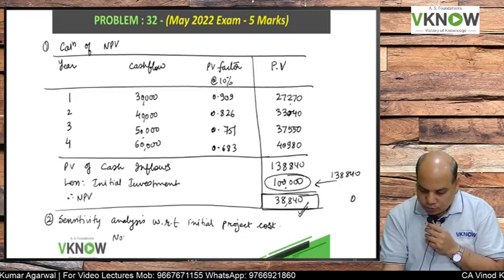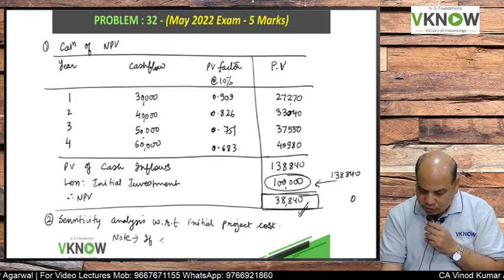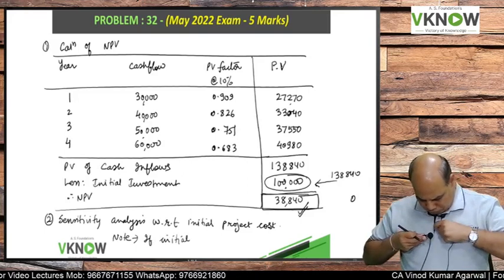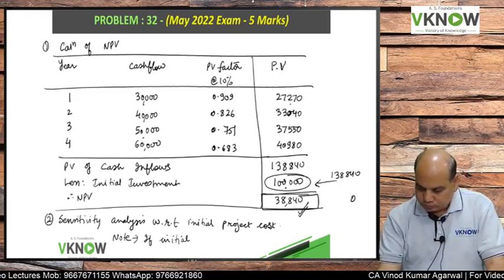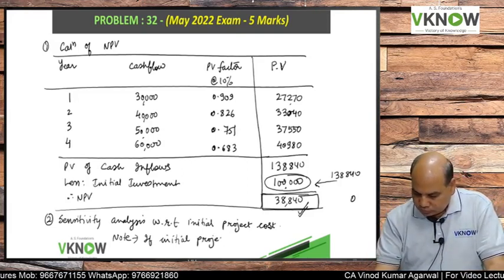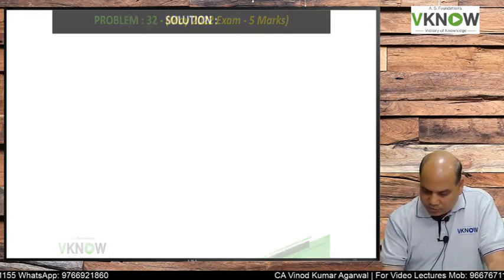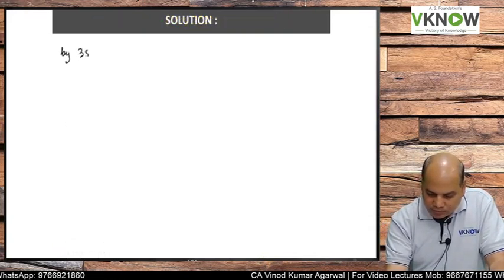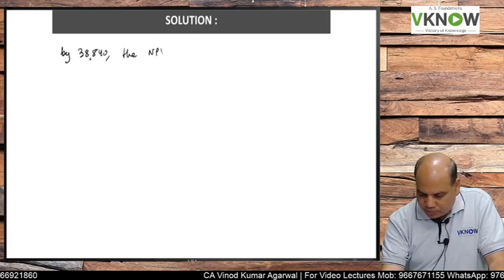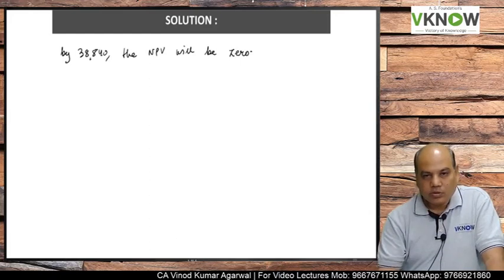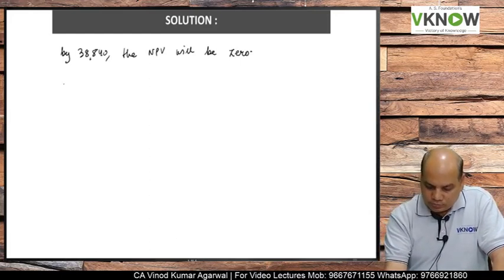So you just write a note for your understanding: if initial project cost increases by 38,840, the NPV will be 0.